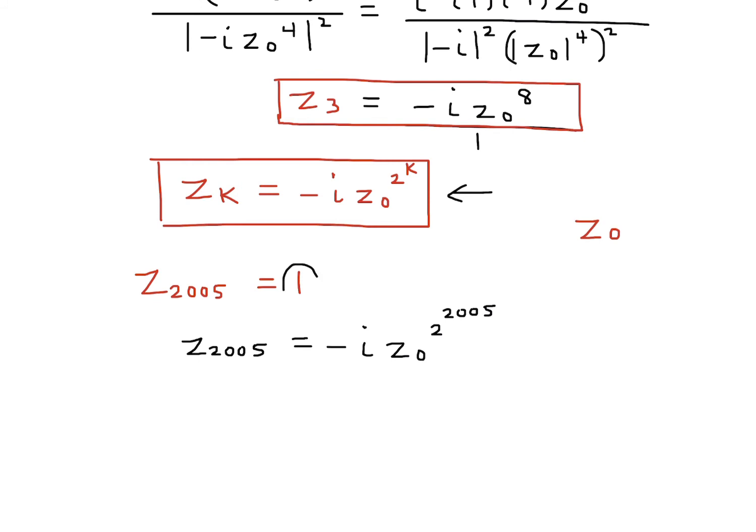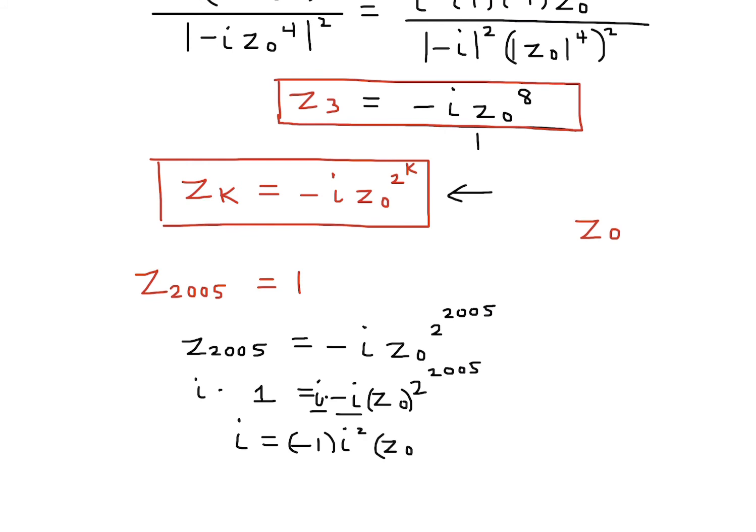Now we are told that is equal to 1, so substitute 1 there. You get negative i z0 to the 2 to the 2005, like that. Now multiply both sides by i, and this will give you just i on this side. This side will be i times negative i, or negative 1 times i squared. It's probably a better way to write it. z0 to the power of 2 to the 2005, like that.